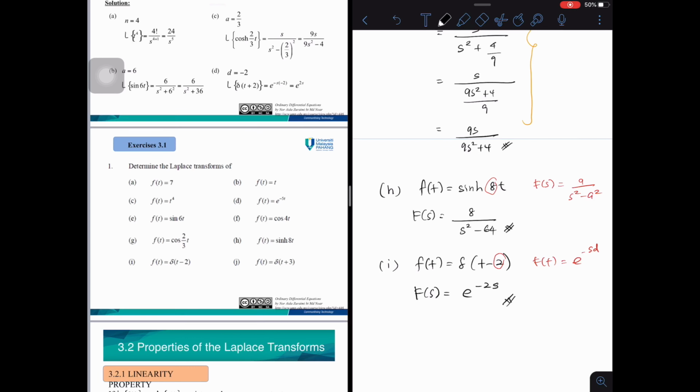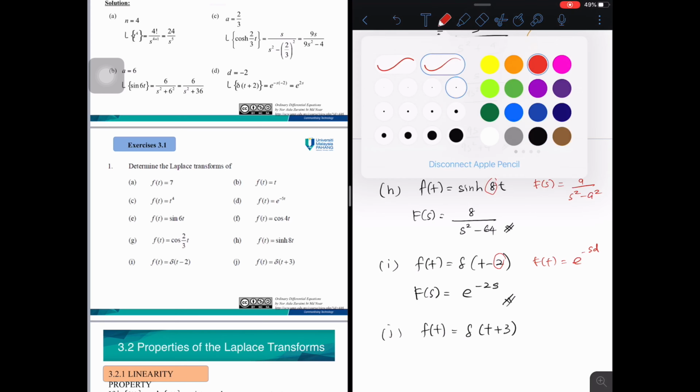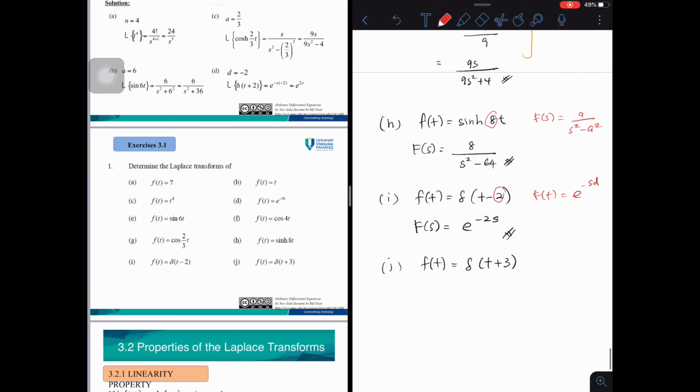And the last one, J, you have the function f(t) equal to delta(t plus 3). You need to always bear in mind that our general form of the delta function is delta(t minus d). Therefore, you need to take out the negative sign from here.